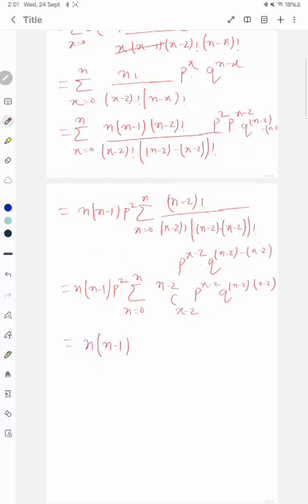We'll write here the binomial expansion formula.